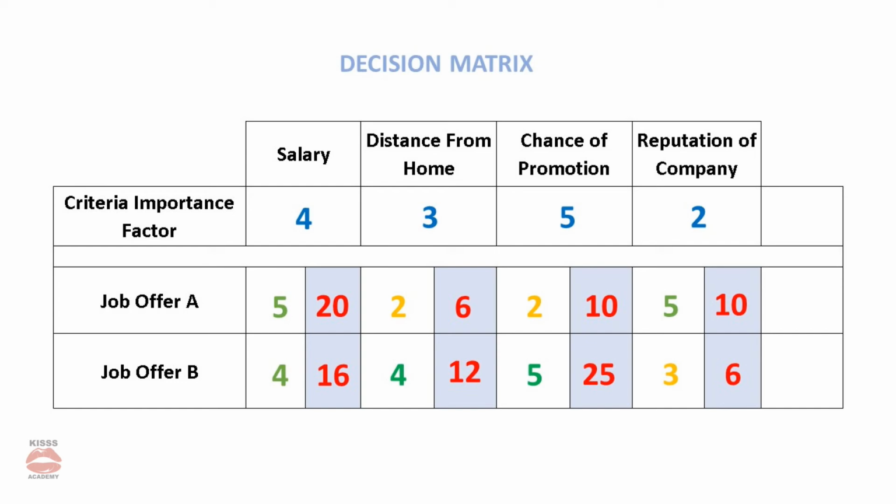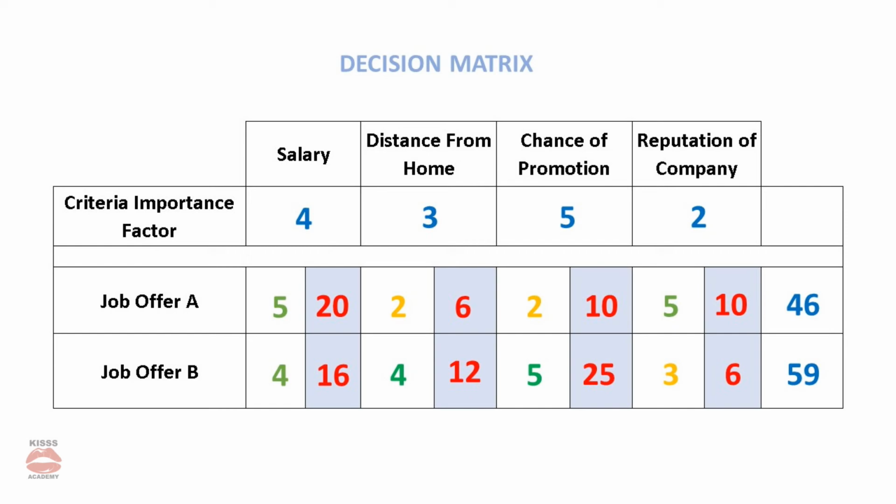So for job offer A, I would add 20 plus 6 plus 10 plus 10, arriving at a total of 46. For job offer B, I would add 16 plus 12 plus 25 plus 6 with a result of 59.